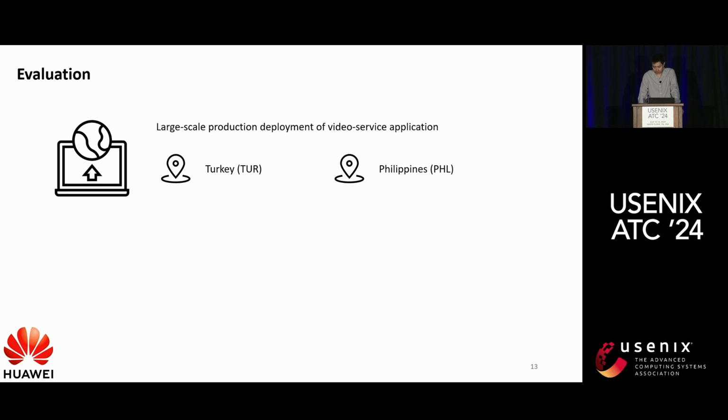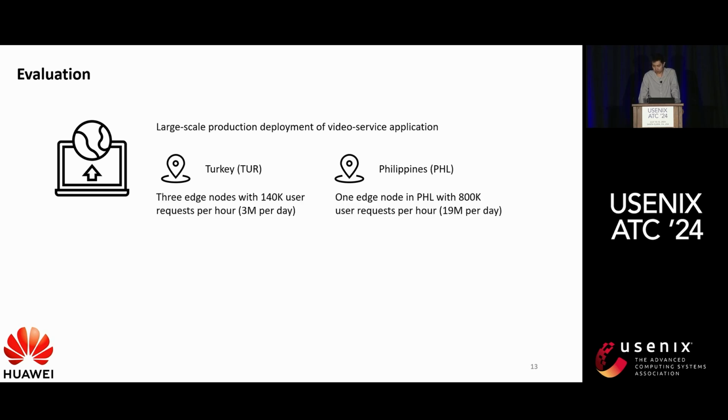We deploy Config-Snob in a large-scale production environment of a video service application. The solution is deployed in two regions, namely Turkey and Philippines. In Turkey, it serves 3 edge nodes with 140K user requests per hour, like 3 million per day.